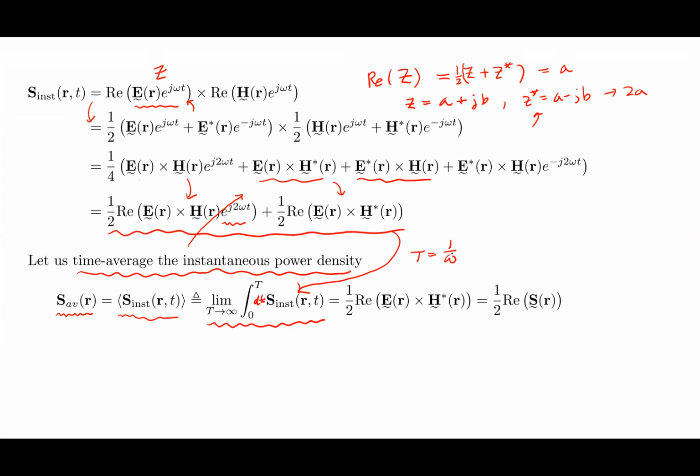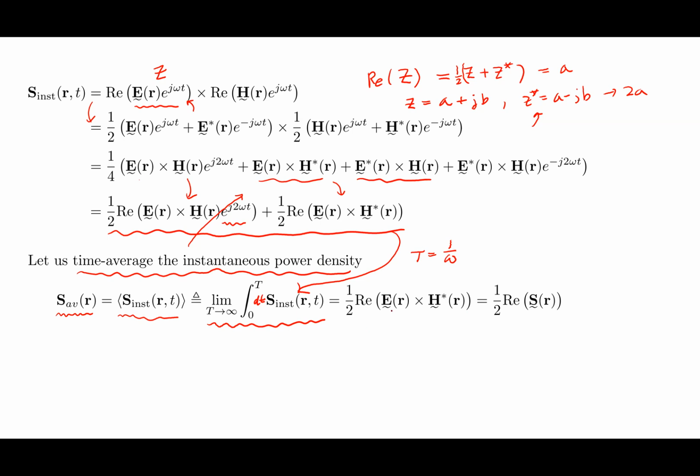So by the property of the exponential function or the sine and cosine function, we can prove that the first term is canceled out. So we only have the second term when we do the time average of the instantaneous power density.